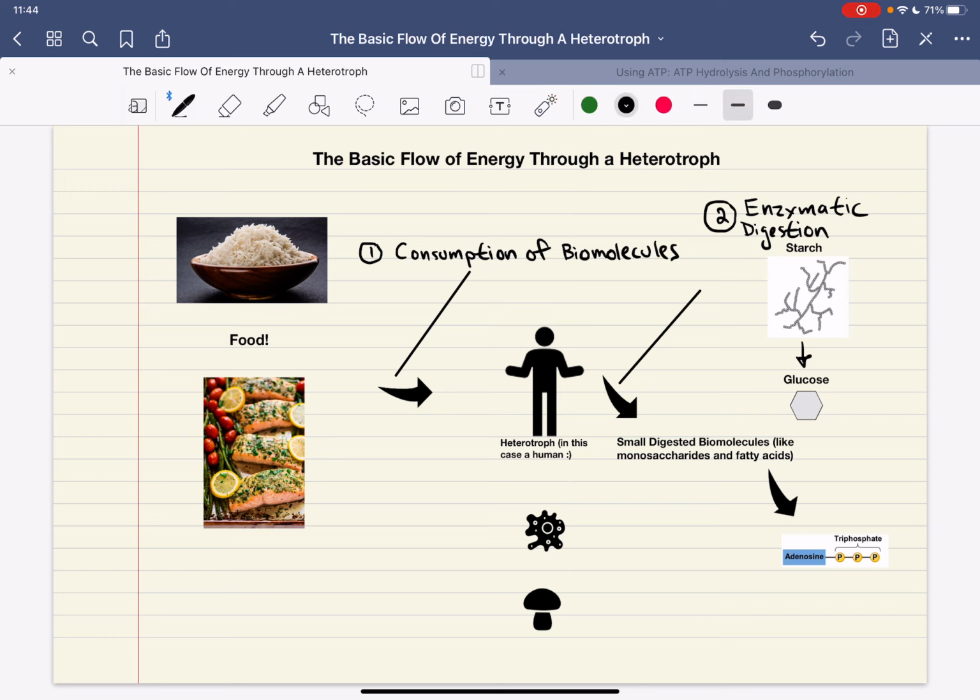So this last step right here, going from a small digested biomolecule like glucose to an even smaller molecule, which is ATP, that's a process called cellular respiration.